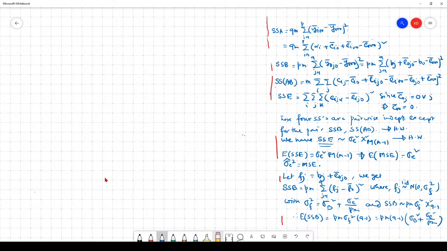So therefore, expectation of MSB, which is equal to expectation of SSB by its degrees of freedom, that means Q minus 1. So this is equal to Pm plus Pm sigma B square plus sigma E square.